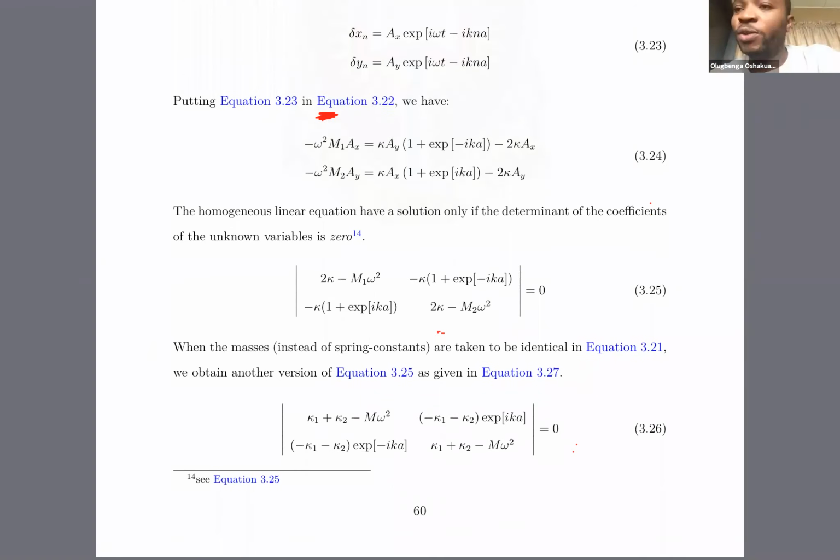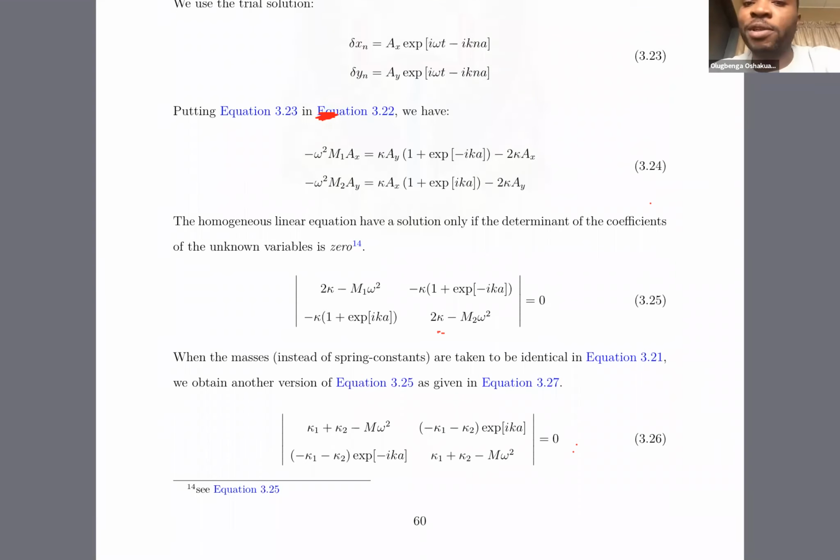To solve equation 24, the coefficients of equation 24 are inserted into a matrix. For a homogeneous linear equation, such a matrix determinant should give us 0, which is equation 25.